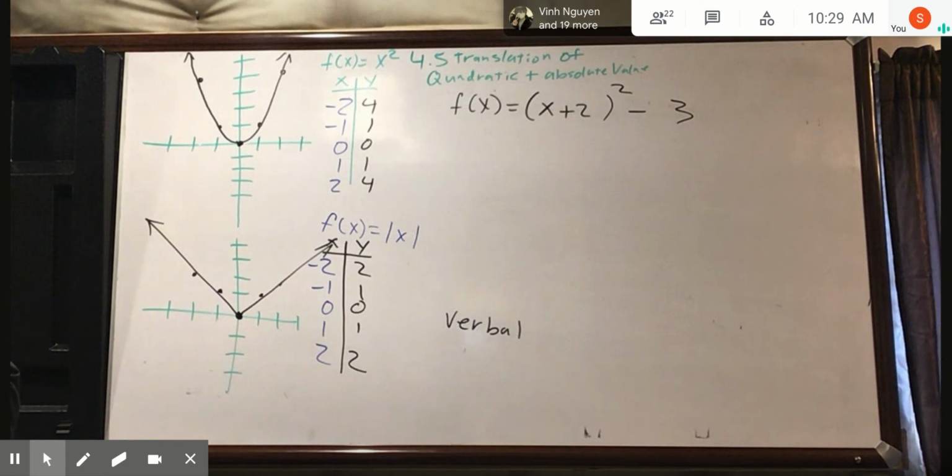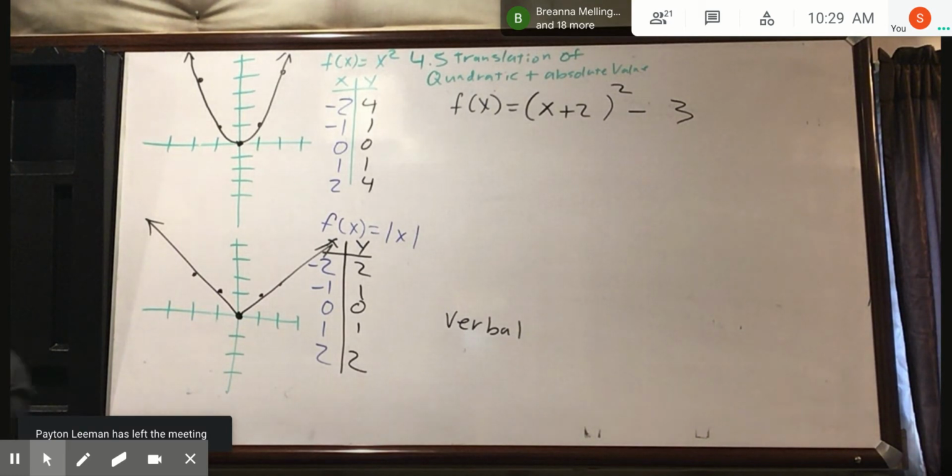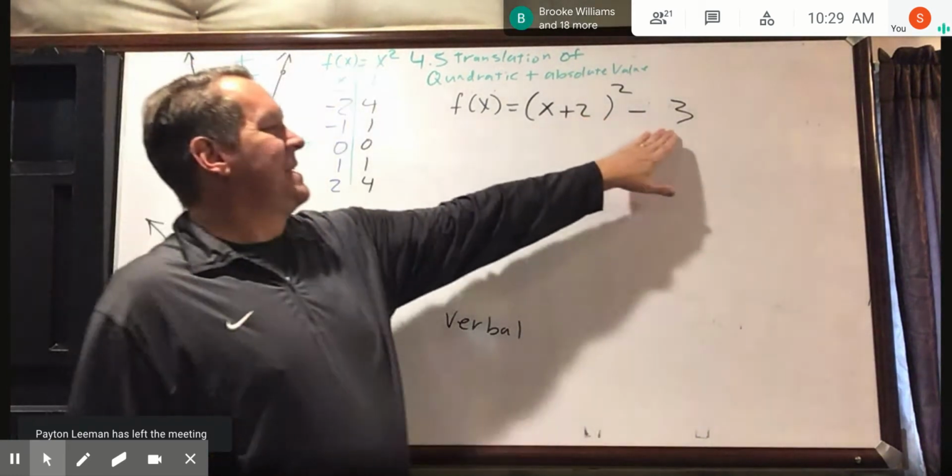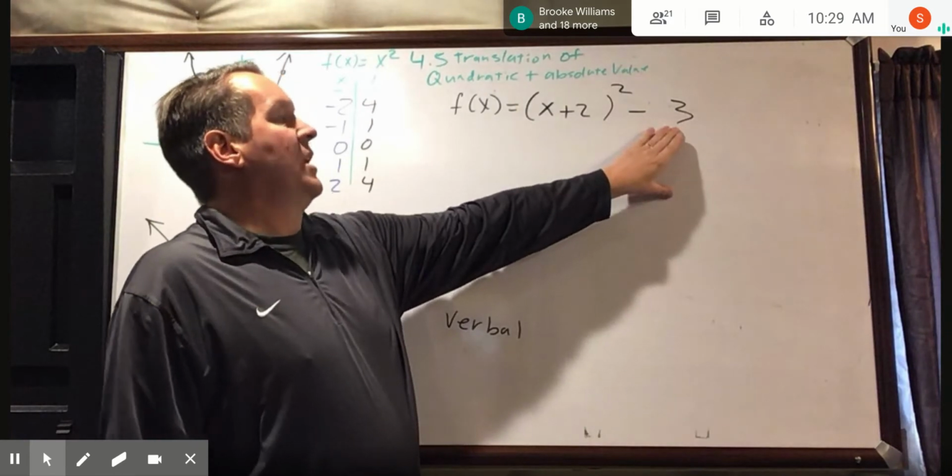What do you think the -3 on the outside is going to do? It's gonna affect it. Up or down or left or right, do you think? Down. Yep. Because it's outside, out here, what's going to go up or down?